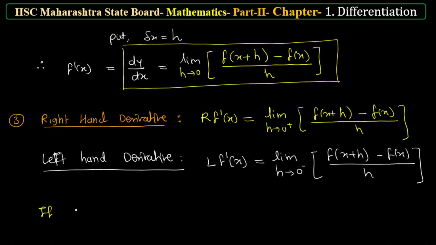If the right hand derivative of a function is equal to the left hand derivative of the function, then f of x is a differentiable function.